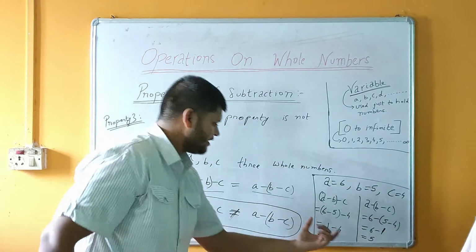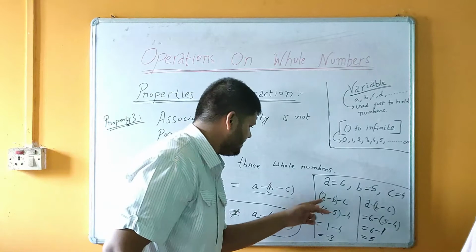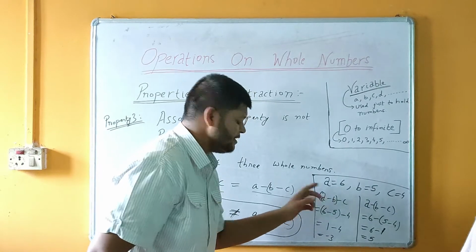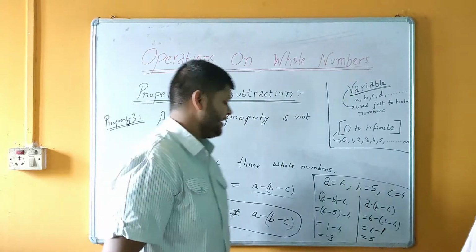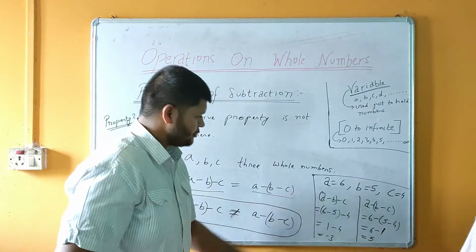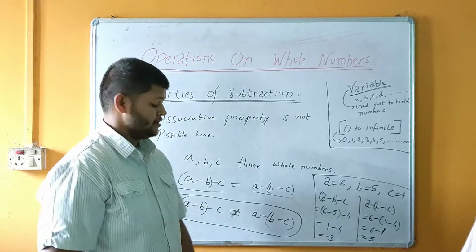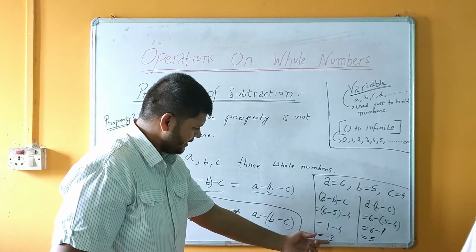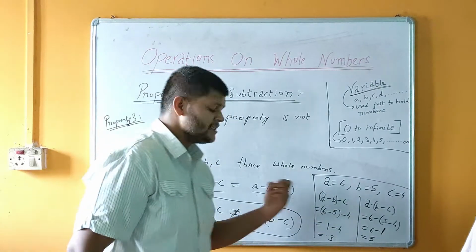So here you can clearly see that when I perform A minus B minus C, the first time A minus B was within the bracket, the second time B minus C was within the bracket. When I perform these expressions with these values, I get different results. Here I get minus 3 and here I get plus 5. So both results are different.